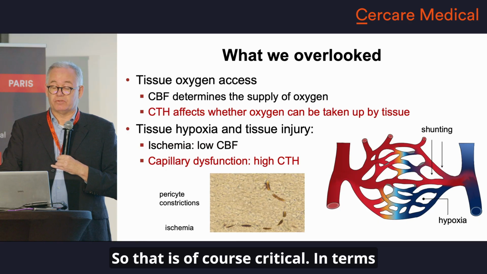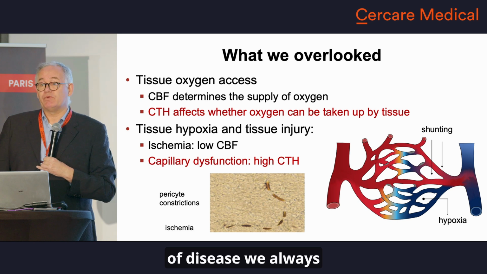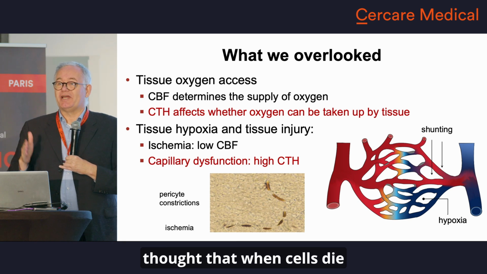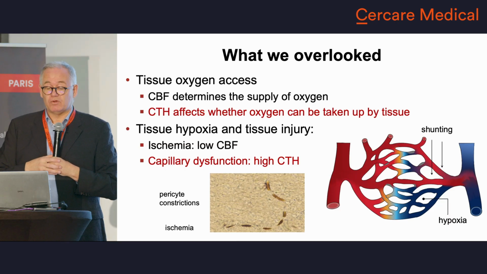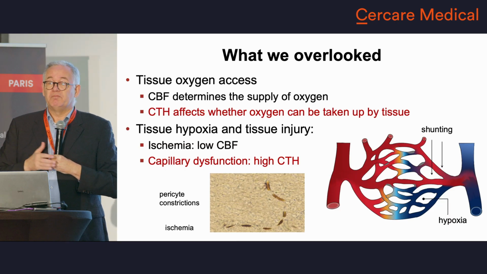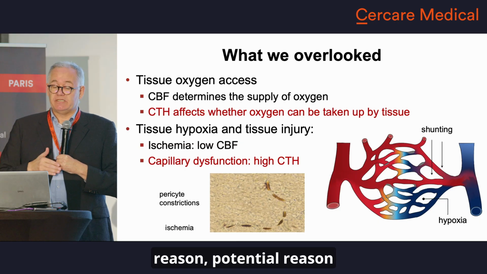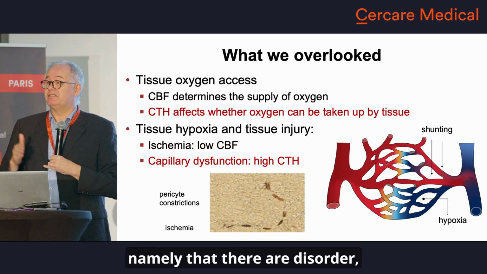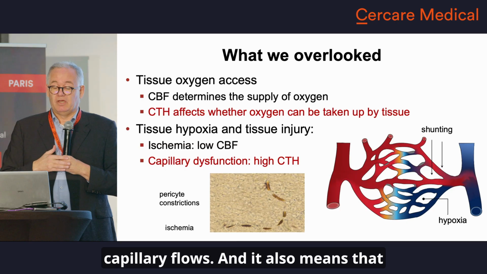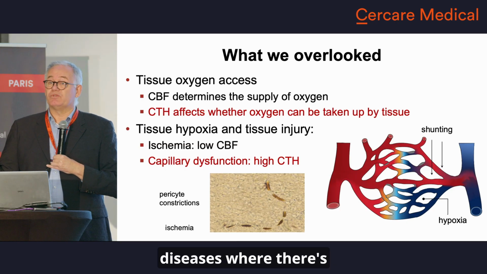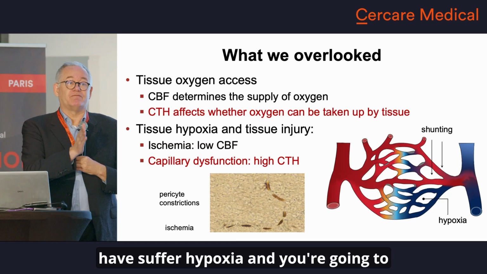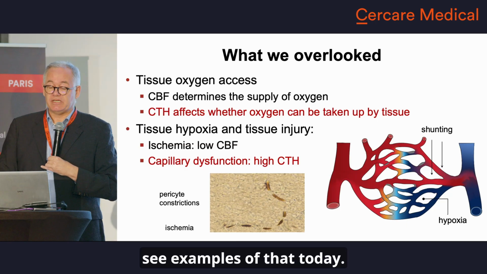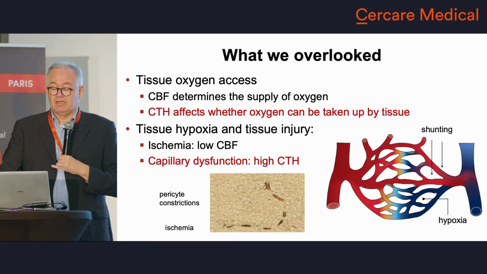That is, of course, critical. In terms of disease, we always thought that when cells die because of a lack of oxygen, it's because there's low blood flow, what we call ischemia. But there's another potential reason, namely disordered capillary flows. It also means that diseases with normal blood flow can in fact suffer hypoxia, and you're going to see examples of that today.